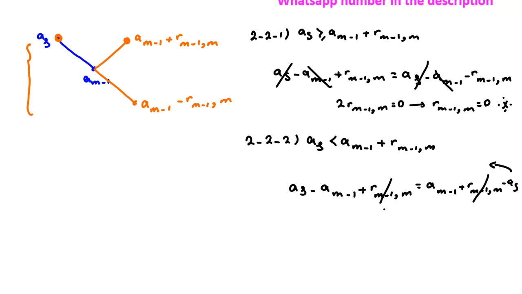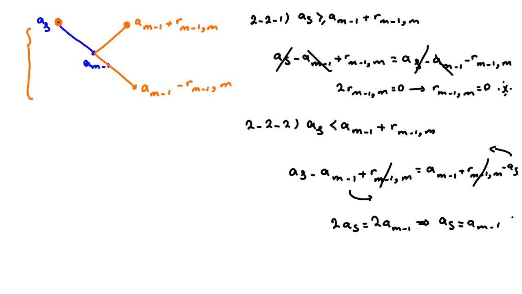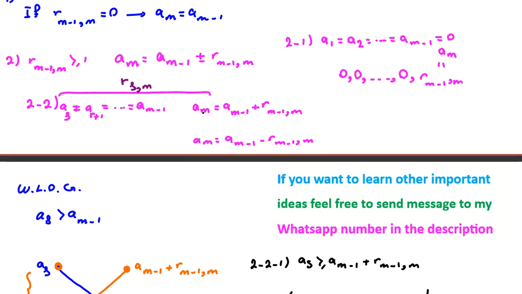So if we take these to left hand side, these to right hand side, 2AS equals 2AM minus 1. So we can conclude AS equals AM minus 1. What we said, AS is not equal to AM minus 1, is greater than this. So it's a contradiction. So we've proved there is always a unique sequence. There is a unique element for AM. You can continue like this to find all elements.